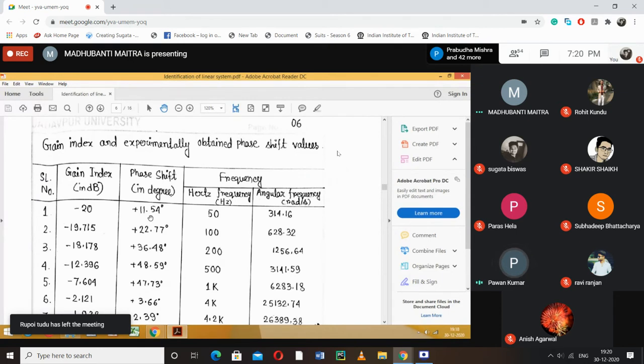Yes, ma'am. Right, so it's positive and it's leading, that means the output is leading, and that can be verified from those two sinusoids.